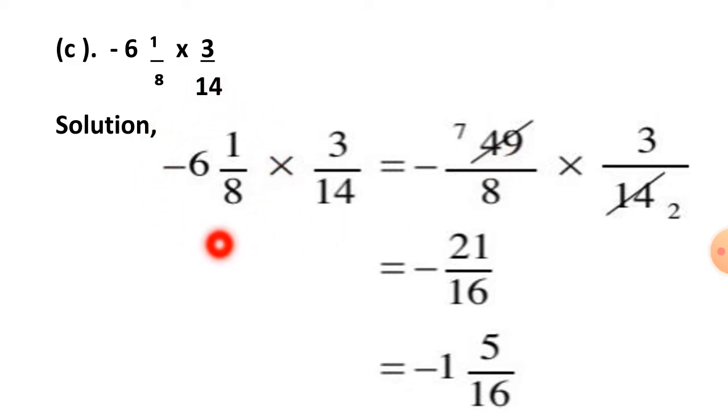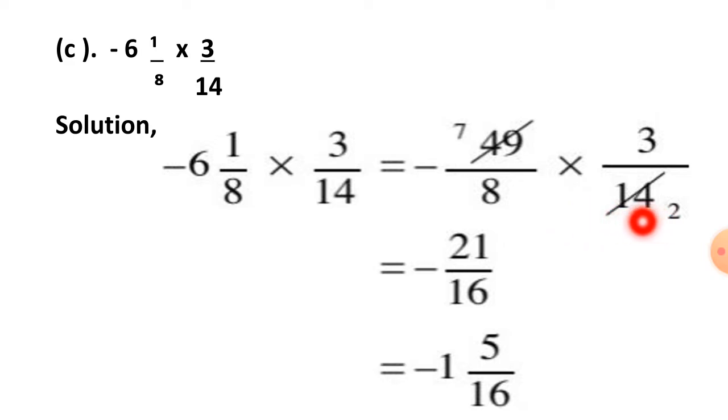Changing a mixed fraction to an improper fraction has also been solved step by step in the last video, week 9. So 49 over 8, the minus sign is also there, and 3 over 14 is the same, no change.